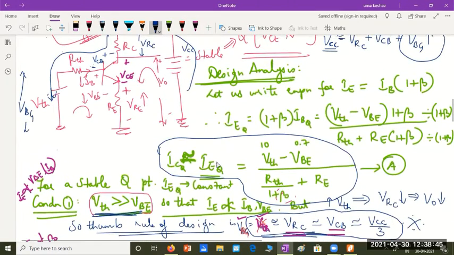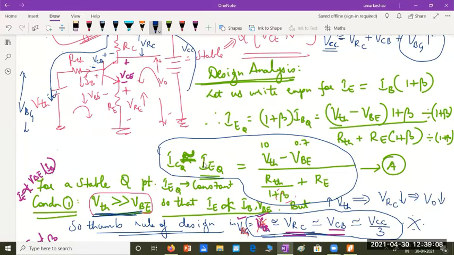It was V Thevenin minus VBE divided by RE plus R Thevenin by 1 plus beta. How did we get this equation? By writing the input loop equation. You will get this expression for emitter current.